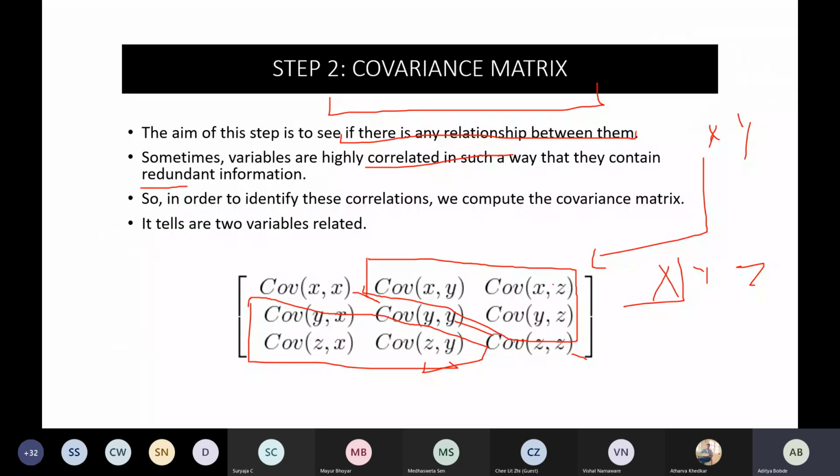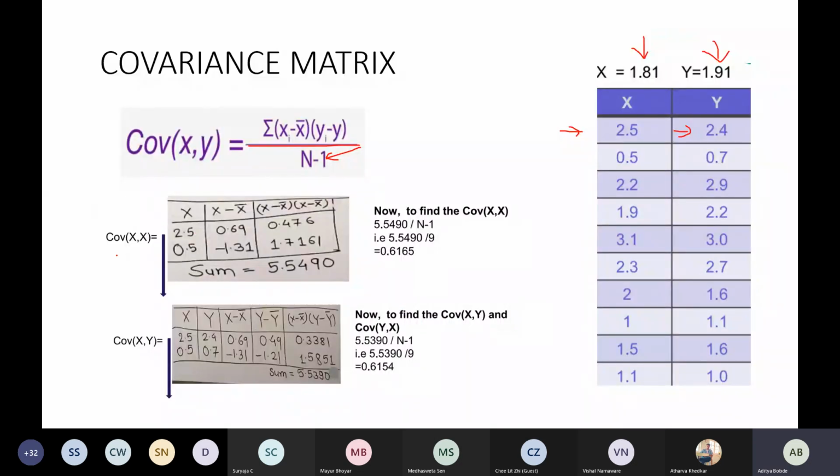So just take the example of your covariance. We have to calculate the covariance of xy, xz. So we will first calculate the covariance of xx. We take the first values 2.5 and 0.5. Next, what we will be doing is x minus x bar. So we subtract 1.8 from 2.5. And what was our x bar? X bar was 1.8. In the case of 0.5, the second case, minus 1.8, and this gives you these values.